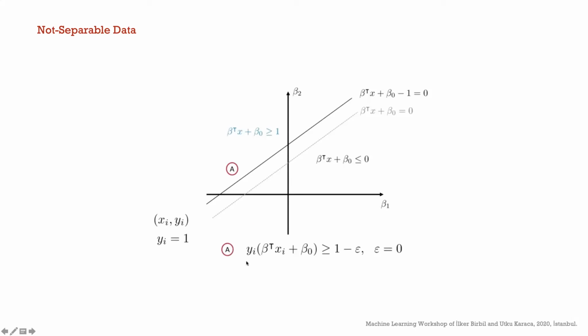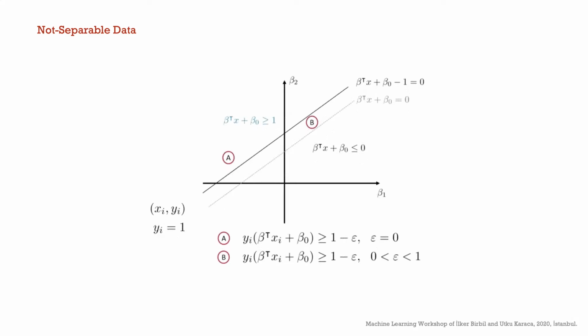I already know that part. But this time, I want to add an epsilon, like an error in here, to make sure that I may have some of my observations in this part, or like some purple points around here. And also, I can define that B part, like here.